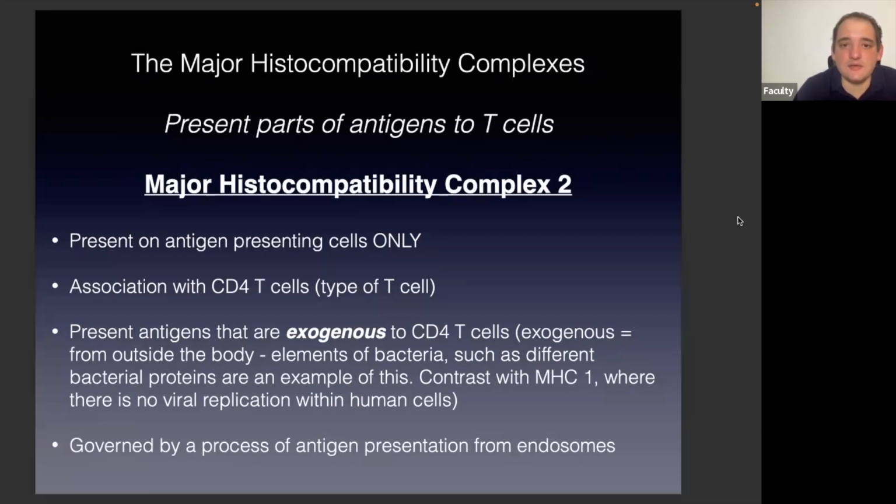So whereas MHC1 was on all nucleated cells within the body, which is a ton of cells, MHC2 is only on antigen presenting cells, which means you're only going to find MHC2 on the cells that present antigens to different receptors. So the association here is the CD4 T cells.